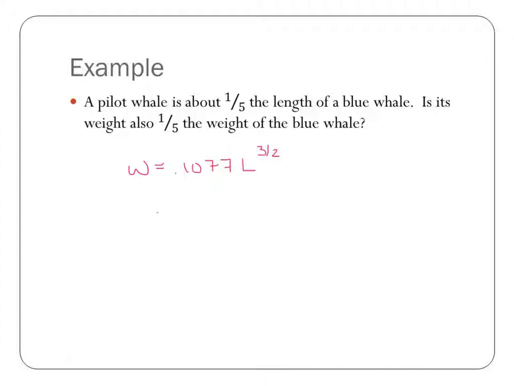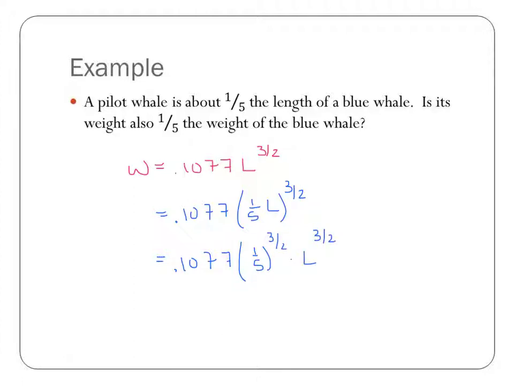So if my length becomes 1/5 the length, right? What really did I just multiply this side by? Because this is going to be 1/5 to the 3/2 times L to the 3/2.